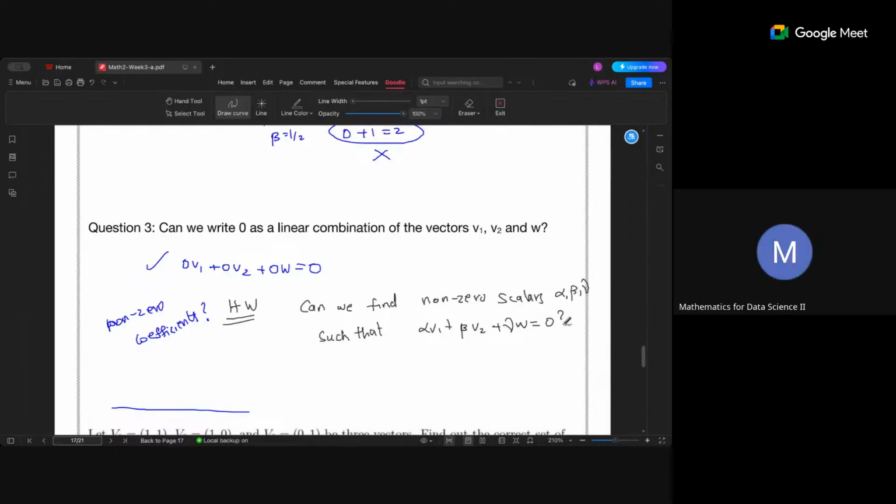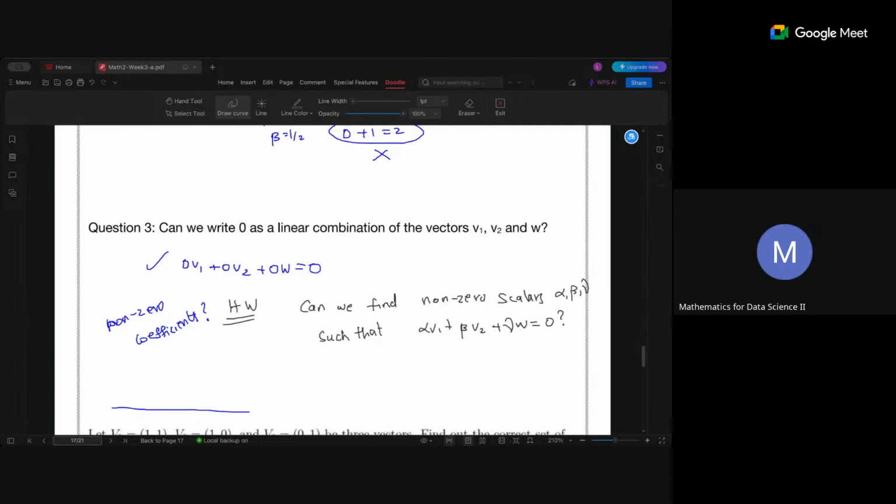No, ma'am. How can you say no? Because only V1 and V2 can be represented as a linear combination, and we have already found that W doesn't come under the linear combination of these vectors. The justification is correct.